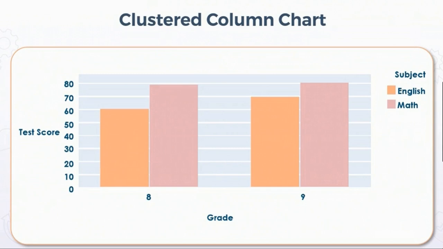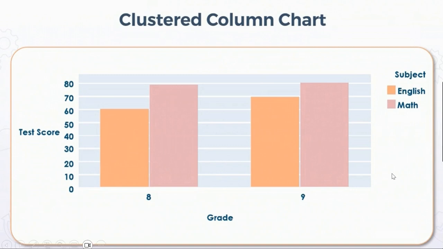See, this is a good example of a clustered column chart. Here it is showing test scores for different grades and for different subjects. So we are conveying information for two different grades: what are the scores in two different subjects? For example, in class 8, the test score for English is 60 and for math it's up to 80.